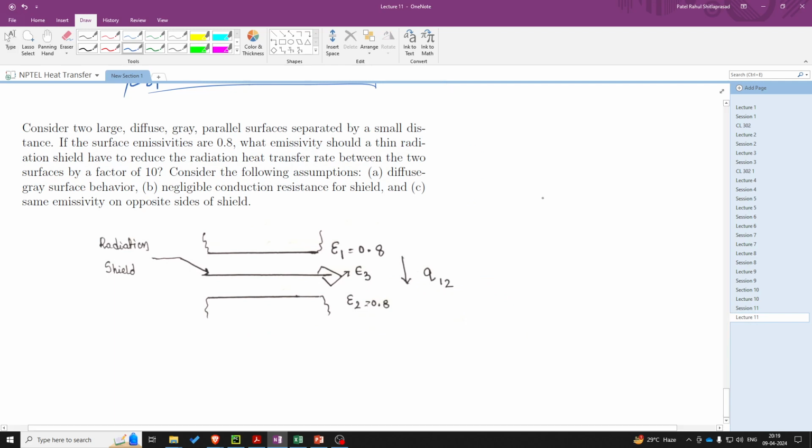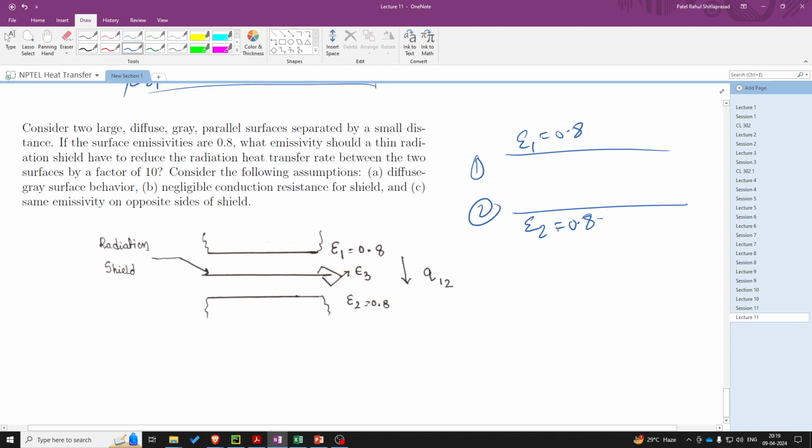So let's consider the situation whereby we don't have any shield. In that case, we will have two surfaces, 1 and 2. For surface 1, the emissivity is 0.8. For surface 2, the emissivity is also 0.8.